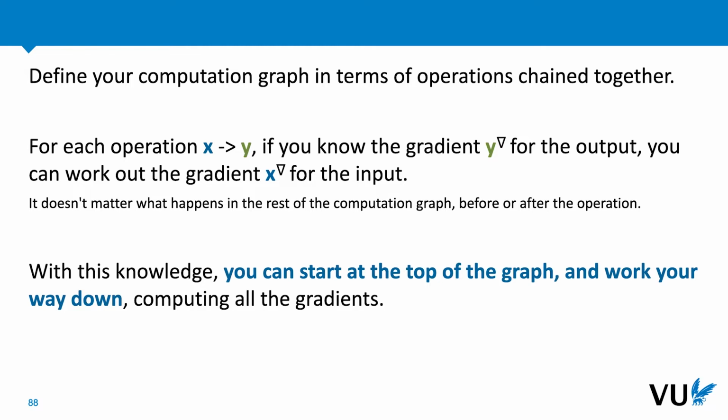And it doesn't matter what happens outside in the rest of the computation graph, before or after this operation x to y. So in this sense, working out the gradient for this operation is still local, as it was in the first scalar version of the backpropagation algorithm. Now, once you know how to work out the gradient for x given the gradient for y, you can start at the top of the graph and work your way down.